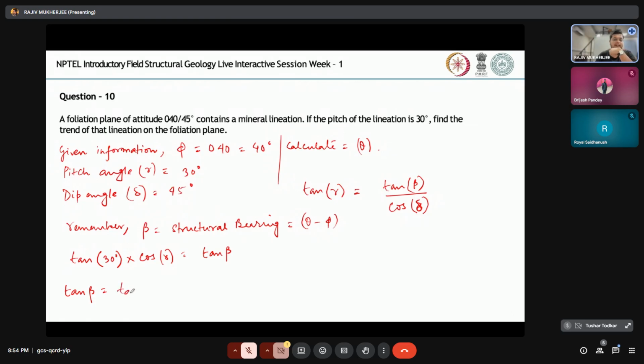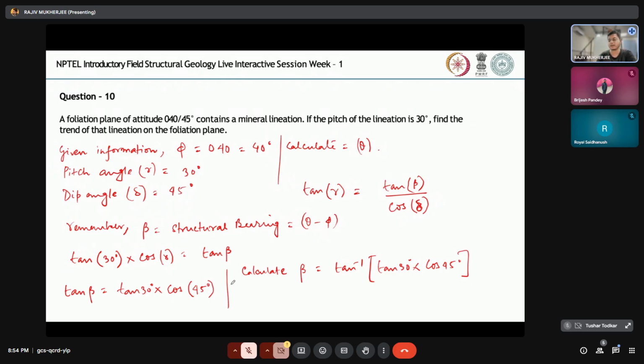So this is tan 30 degree and cos 45 degree, right? So then if you calculate beta, this will be tan inverse of tan 30 degree times cos 45 degree, right?